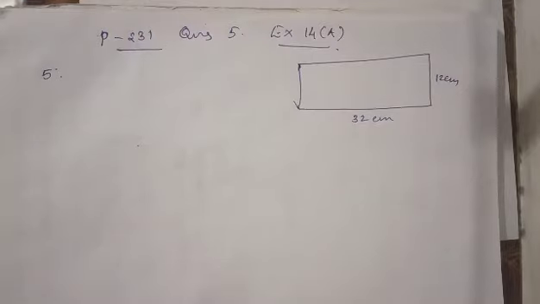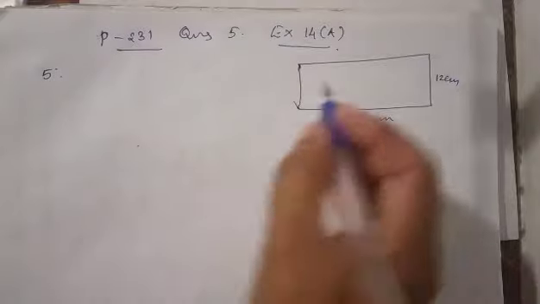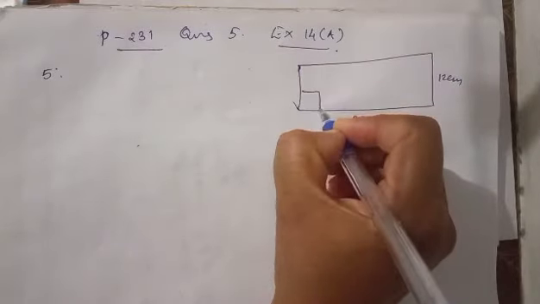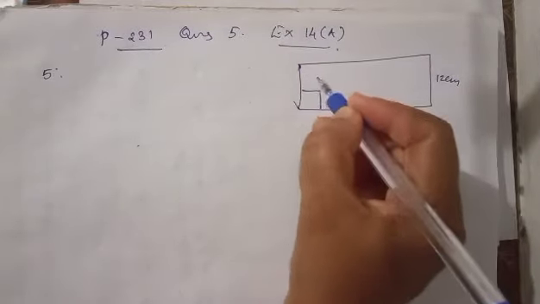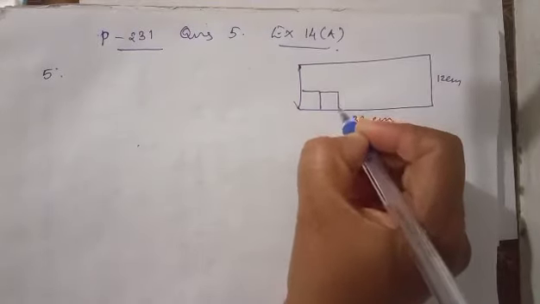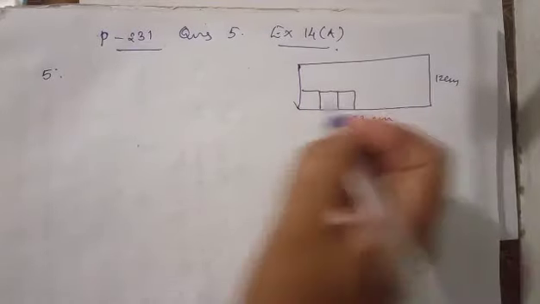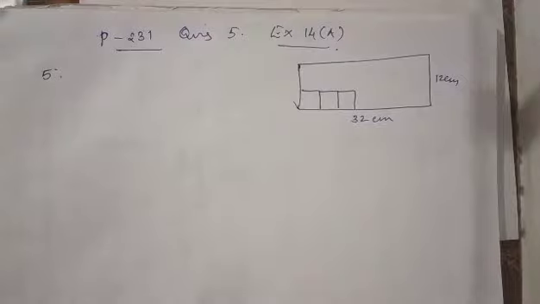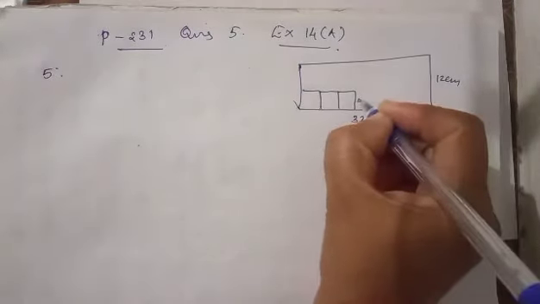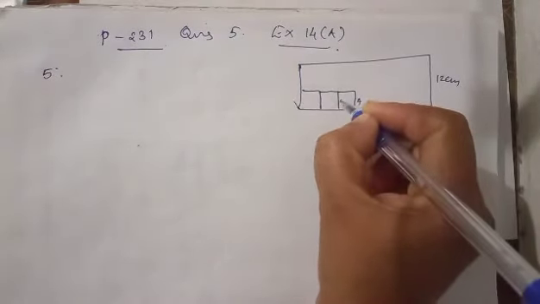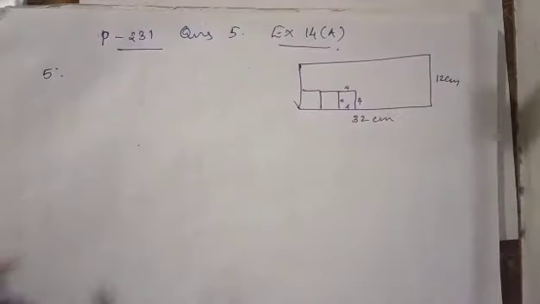Then the question is, we are cutting small squares from this. These squares' side length is 4 centimeter. It is a square, so 4 sides are equal, 4 centimeter each.